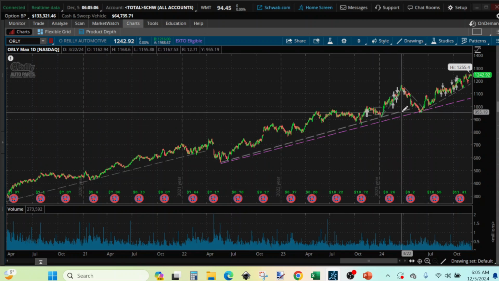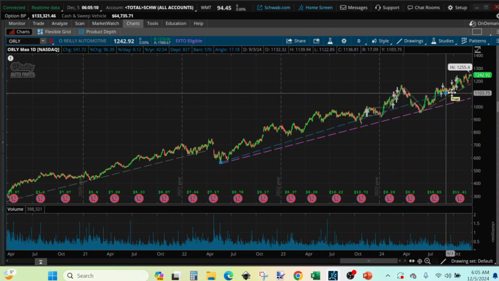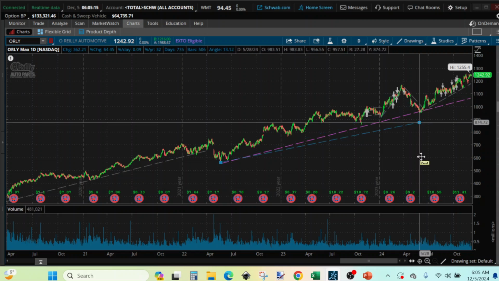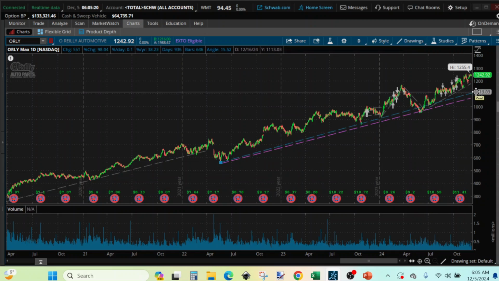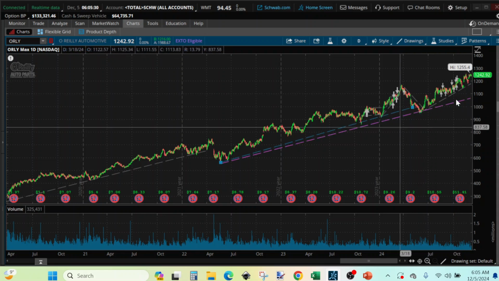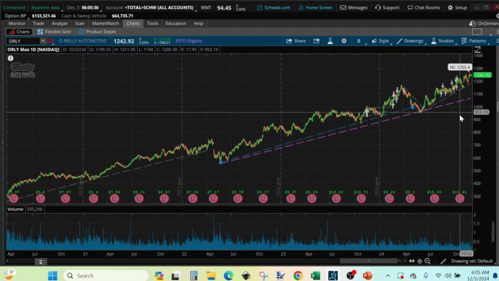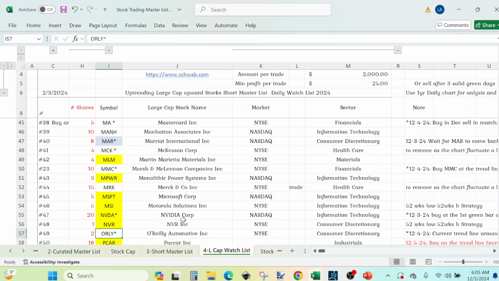So if we update this line, it went past it around this area, but it's pretty much about the same. It is a zone between this blue line and the purple one. It is a zone, so it's okay. We just keep this one, there is a chance it might come back to it, and if it comes back to it, that's where we are getting in. Therefore we are not buying it today.